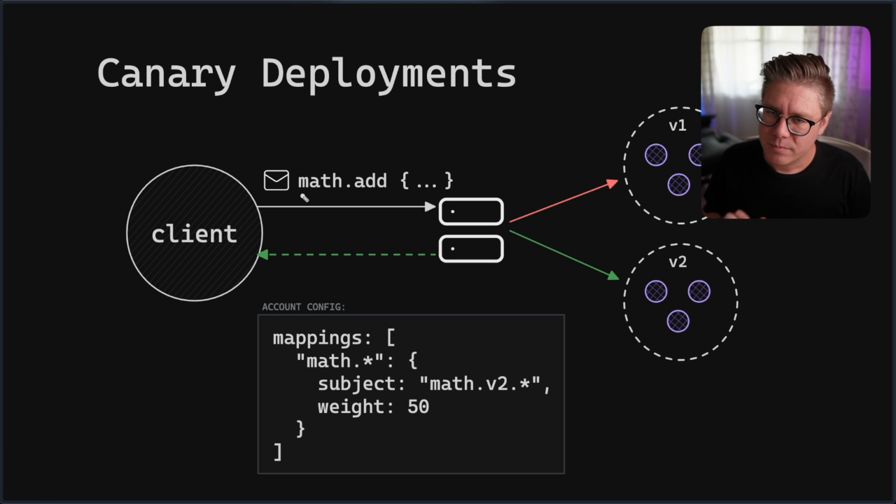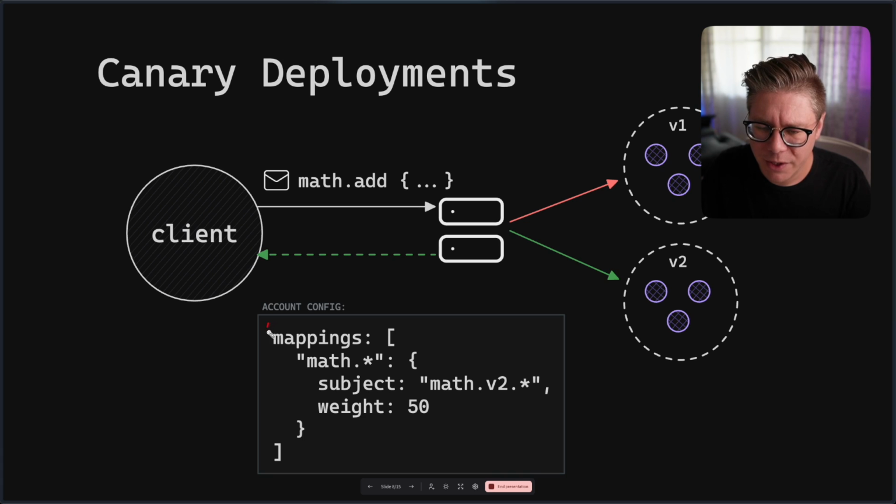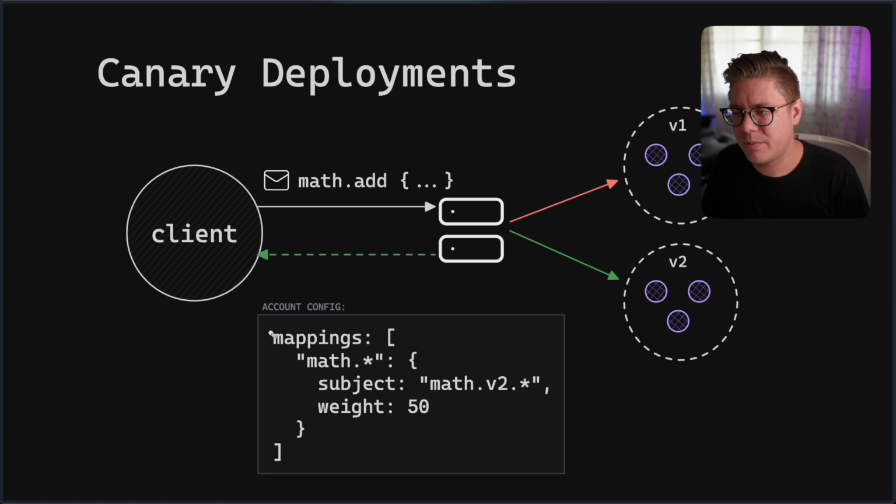And so quite simply, to handle Canary deployments, there's configuration that exists on the NATS server side, and if you're using the JWT-based auth or any sort of multi-tenancy, you would configure this on the account side, which is great. So you have flexibility here, depending on your model.